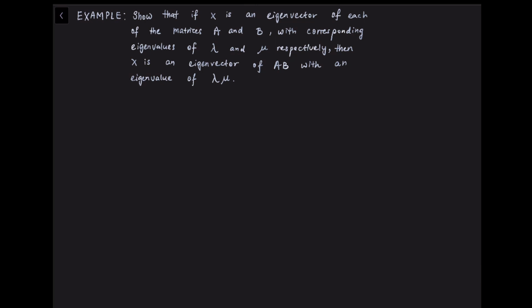Now, we want to show that if x is an eigenvector of each of the matrices A and B with corresponding eigenvalues lambda and mu respectively, then x is an eigenvector of AB with an eigenvalue of lambda mu. So we start with AB times x equals A times Bx, which equals A times mu x, since x is an eigenvector of B with corresponding eigenvalue mu.